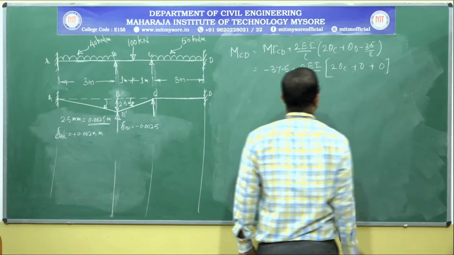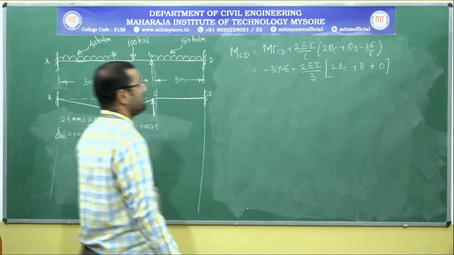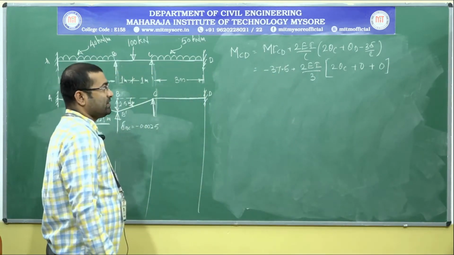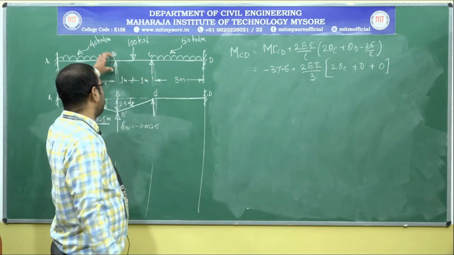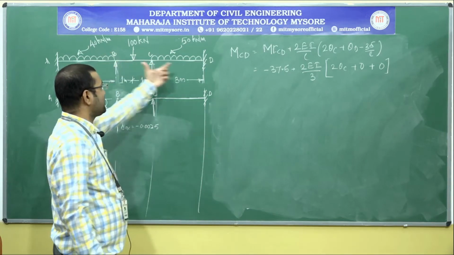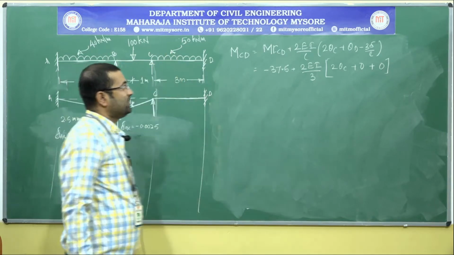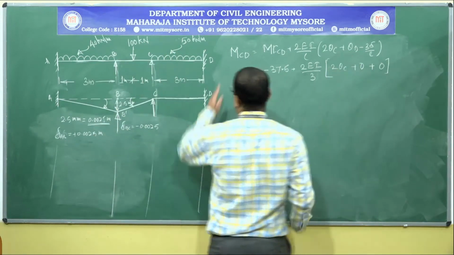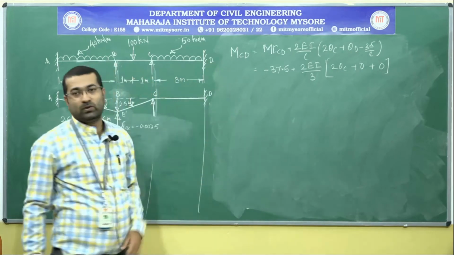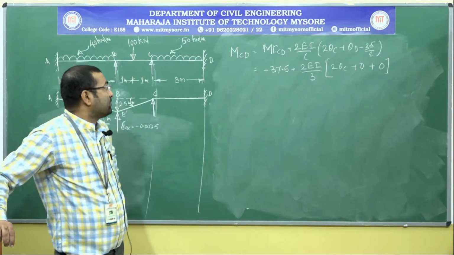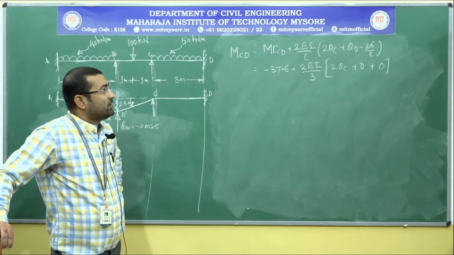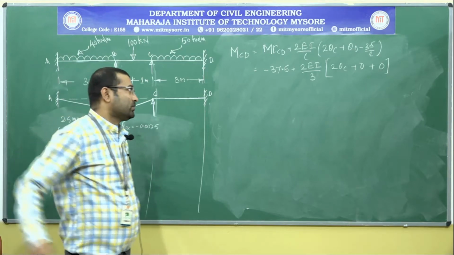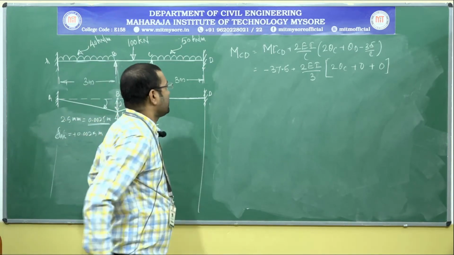Also the deflection value for span CD will remain 0, as the sinking of support B is not affecting the span CD. And the theta D, that is the rotation at support D, as support D is fixed in nature, there will not be any rotation, so that value is 0.